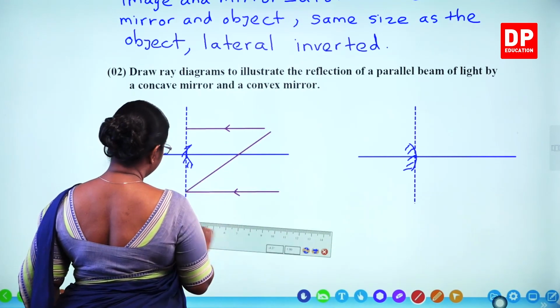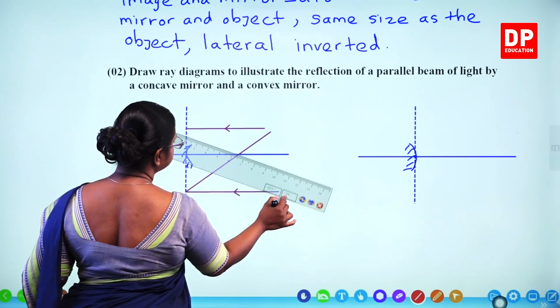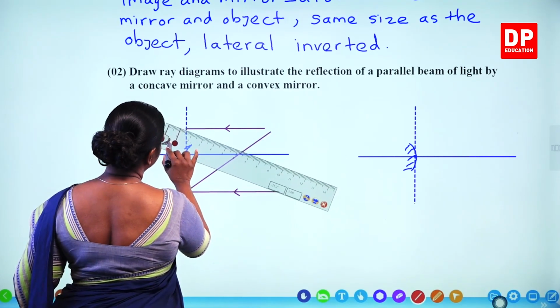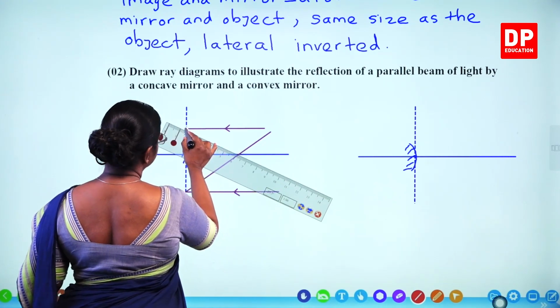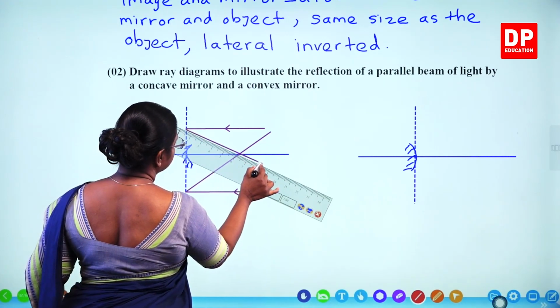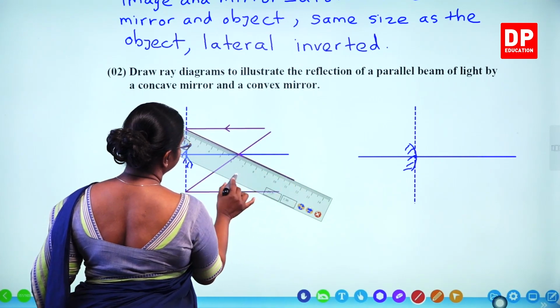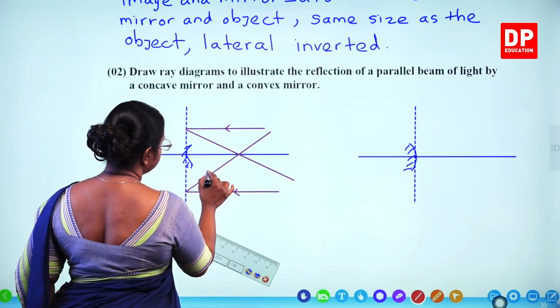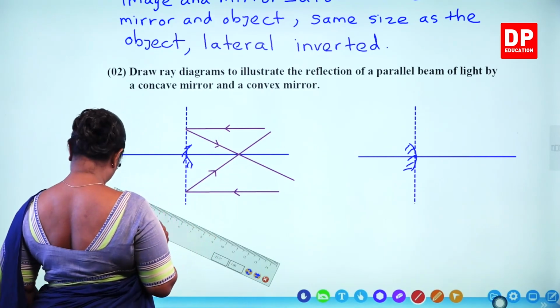So the same way we need to have the other ray going through the same point. It will go through the same point there. So this is one ray, that is the other ray.